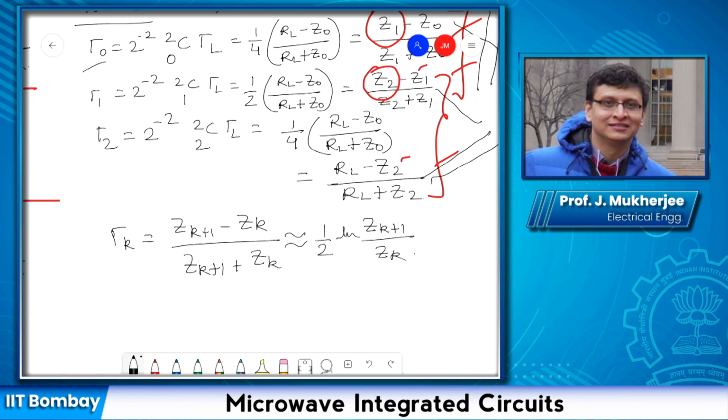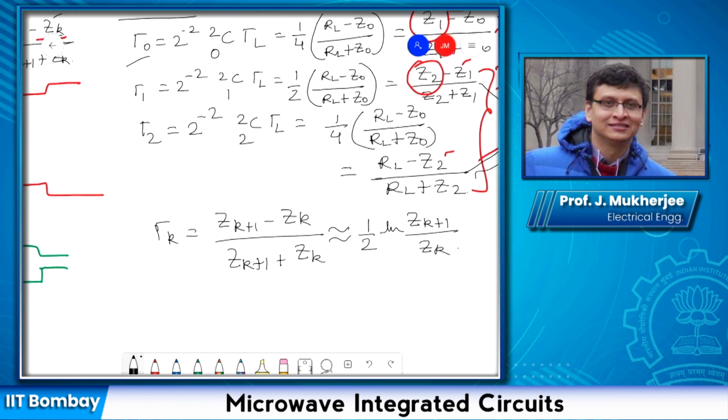First of all, gamma 0 becomes half ln Z1 upon Z0.